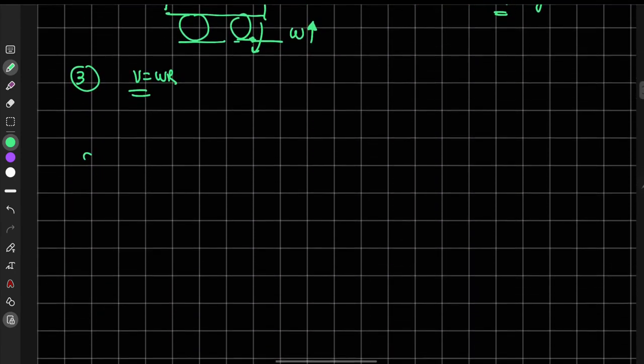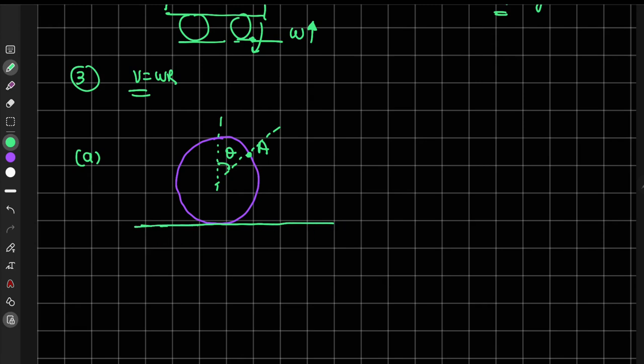So in part A, let us say this is the wheel, and for example the point A is at this particular point and it is making an angle of, let us say, theta, and it is rolling on this surface.